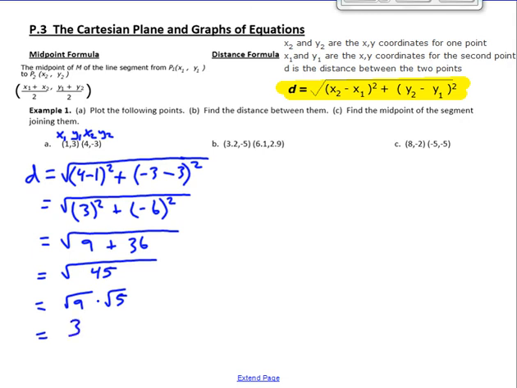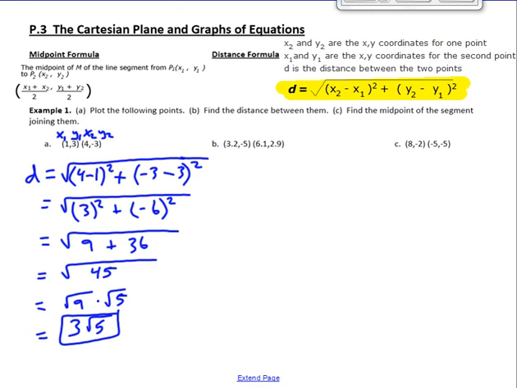The square root of 9 is a 3, and the square root of 5 gives us our answer. So 3 square roots of 5. That's the distance formula. The distance formula requires a lot of work. It goes through and does a lot with the square root, realizing how to rationalize and simplify that radical.